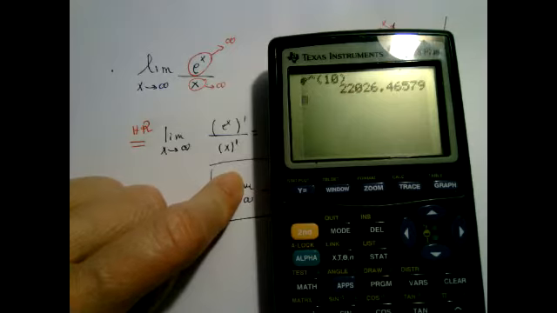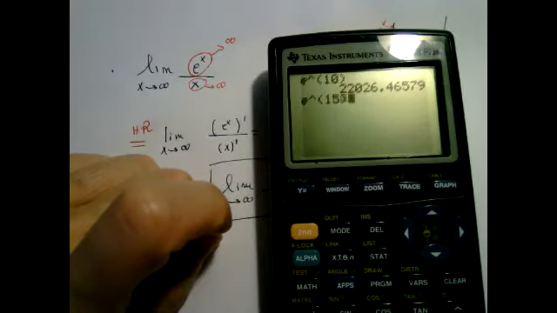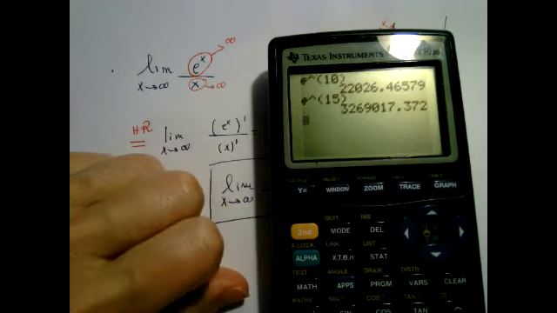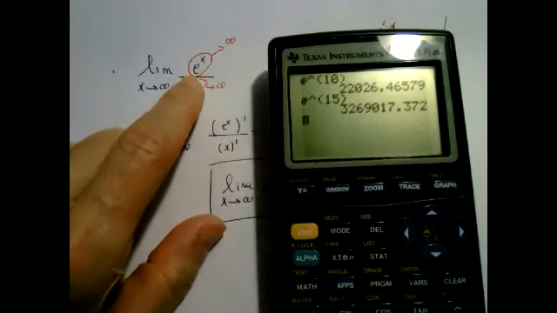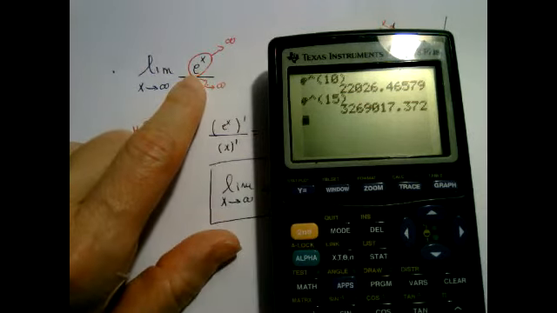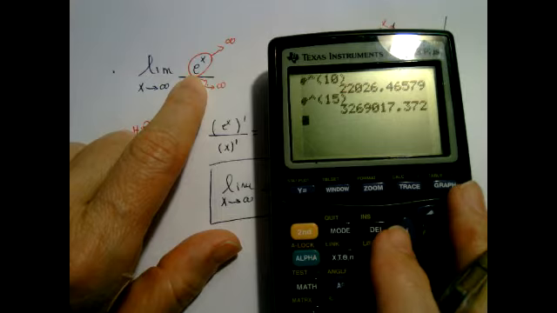A large number. If I take e to the power 15, what am I getting? A large number. So when I raise e to a large number, I get a very large number. That's what I mean by e to the x goes to infinity. Are you with me? Yes.